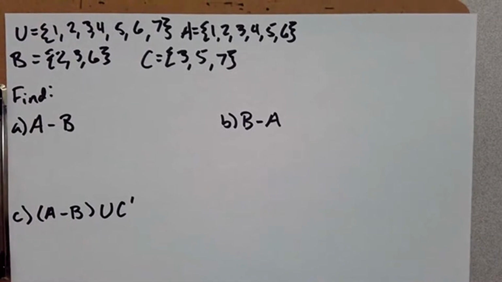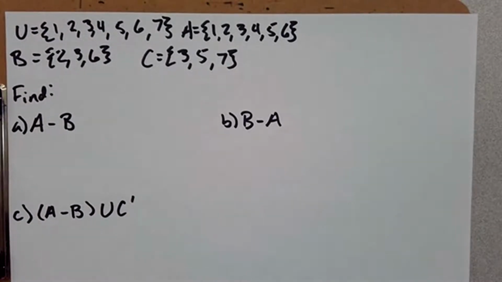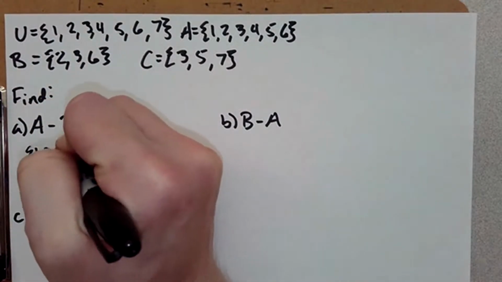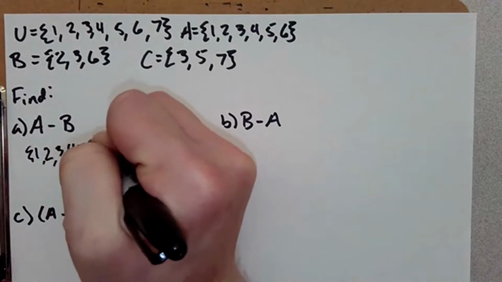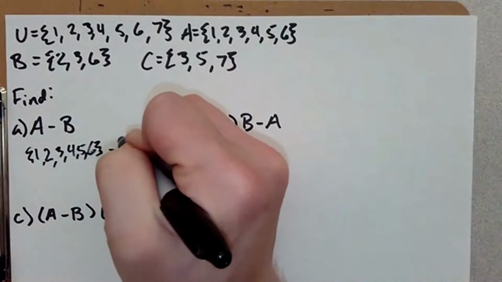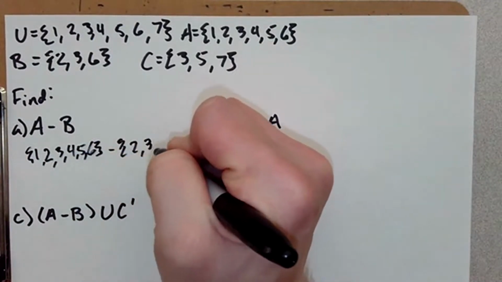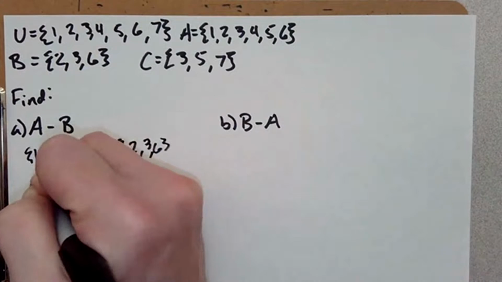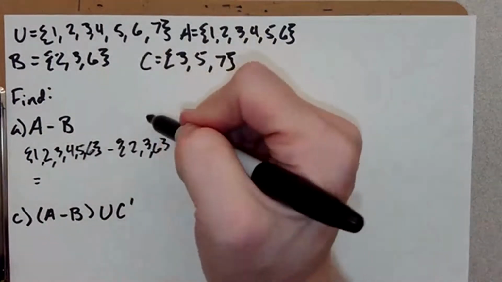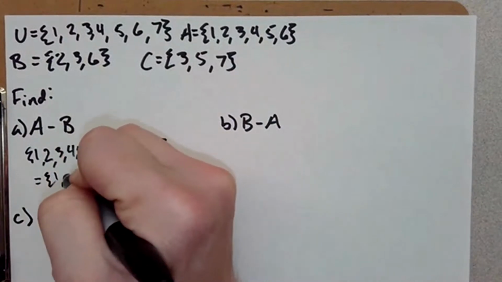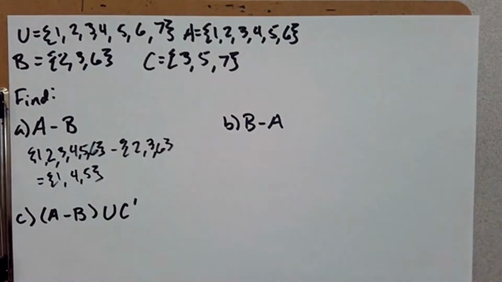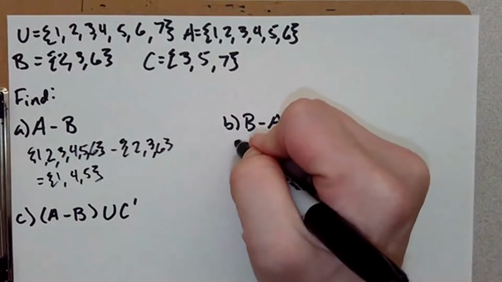Okay, so first we want to find A minus B. Okay, well, A is 1, 2, 3, 4, 5, 6, and B is 2, 3, 6. So now we want to take everything that's in B and remove it from A to get 1, 4, 5. There's our difference.